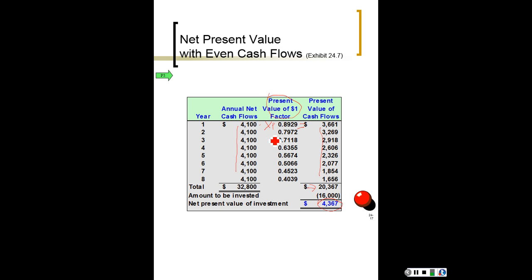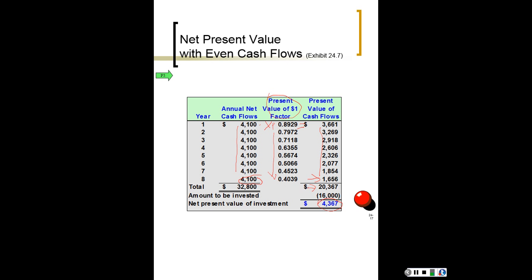But every year that I wait to get that dollar, what happens? You'll notice that even though every year it's 4,100, the value of it decreases. Why? Because you were not given the opportunity to take the money and invest it. So the present value of a dollar is greater today than it is tomorrow.